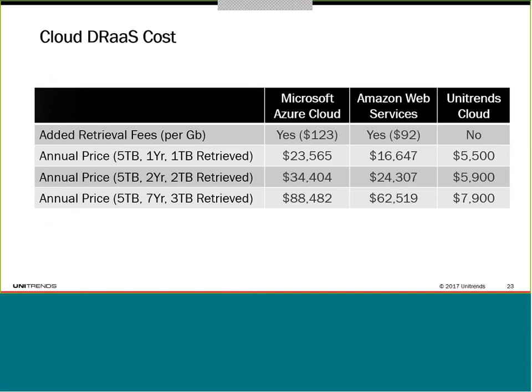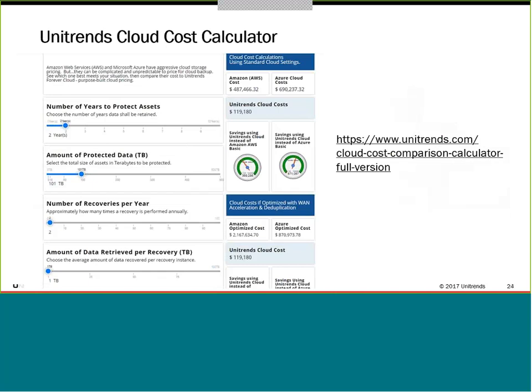And we're so sure of this that we have put on our website a cloud cost calculator. If you go to the cloud cost comparison calculator full version on our website, you can search for it, it's right there. These are slide bars, and you can go ahead and adjust the scenario to meet your specific environment.